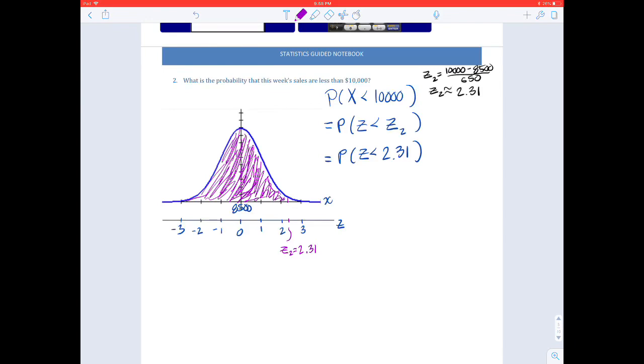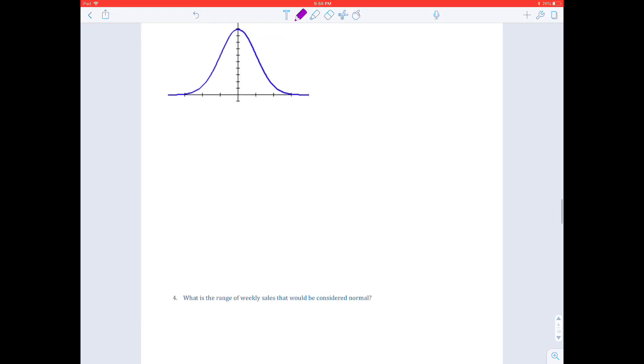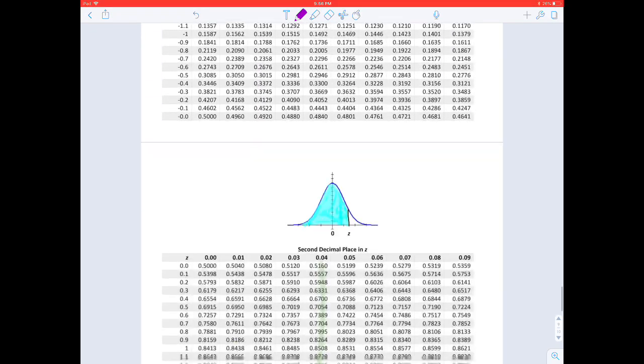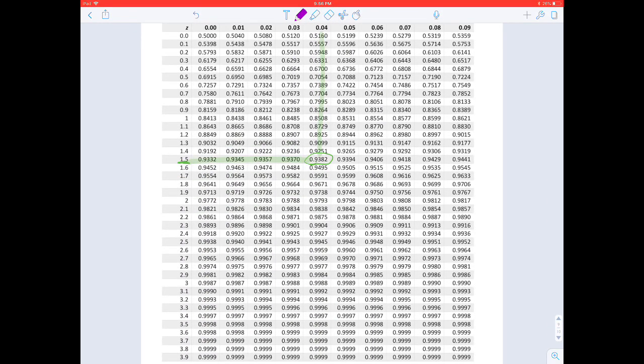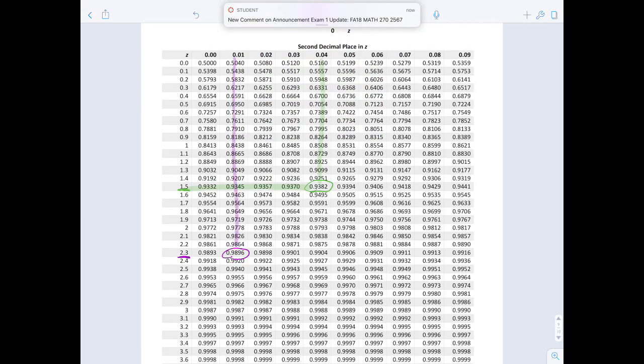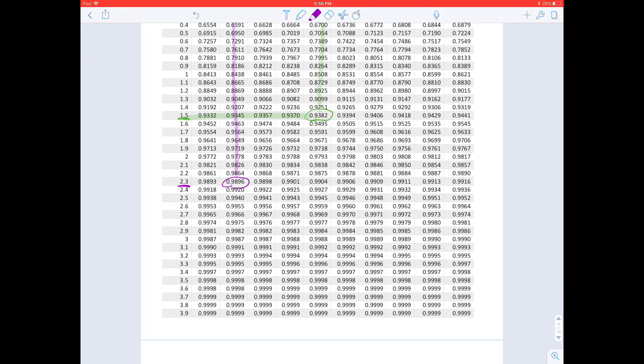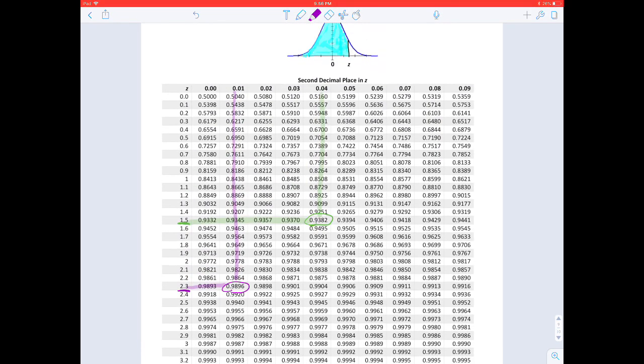So let's take a look at the table. We just need to look up 2.31 on the table. So again, 2.3 is here, and we got to go to 2.31, so that would be this one here, and that's from this connection here.